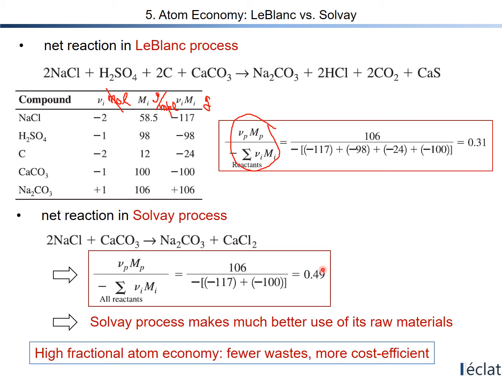About 50% of the raw materials is converted to the product. So we could say the Solvay process is better than the Leblanc process because a greater amount of the raw materials is converted into the product. So I can say a higher fractional atom economy means a more cost-efficient process.